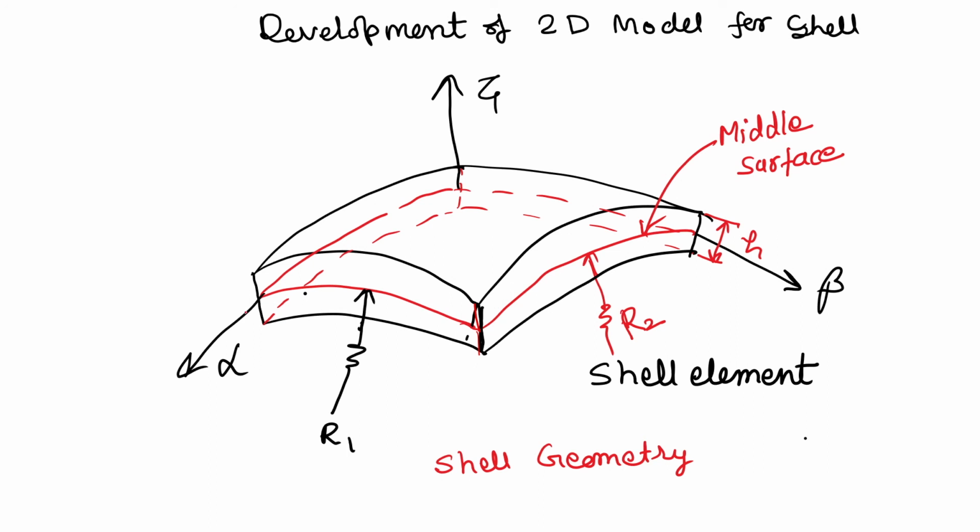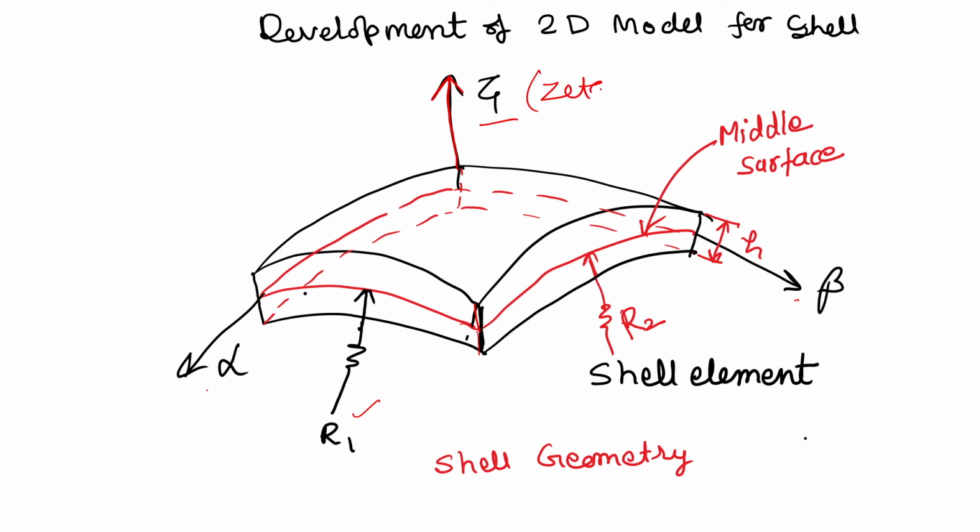So, we have two curvilinear coordinates, alpha and beta, and this red one is our middle surface. R1 is the radius in this direction and R2 is the radius in this direction, and along the thickness, or the third direction which we call the normal, that is zeta.